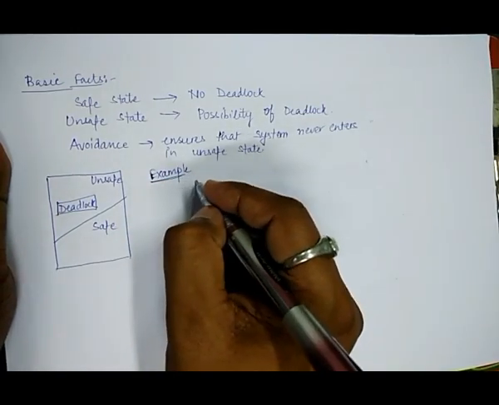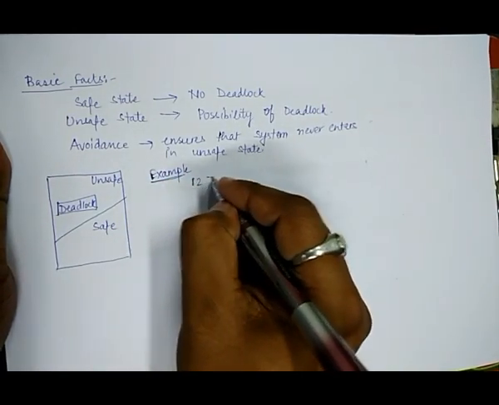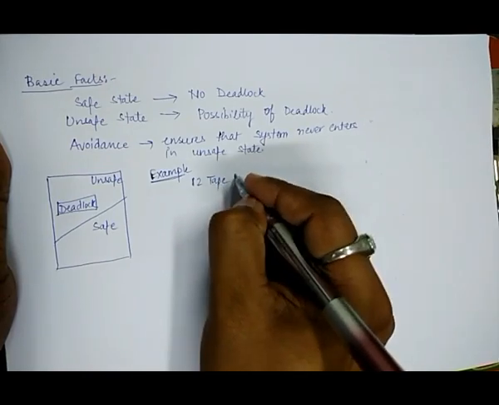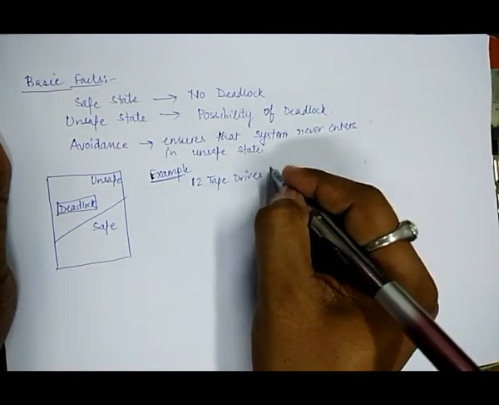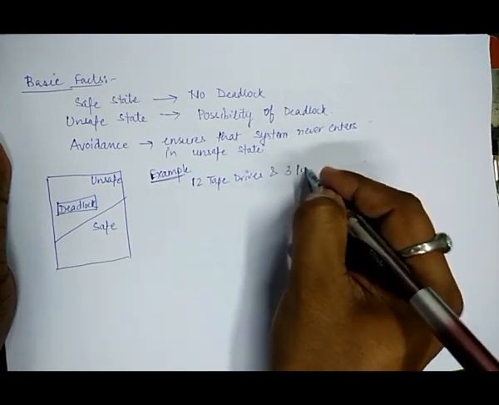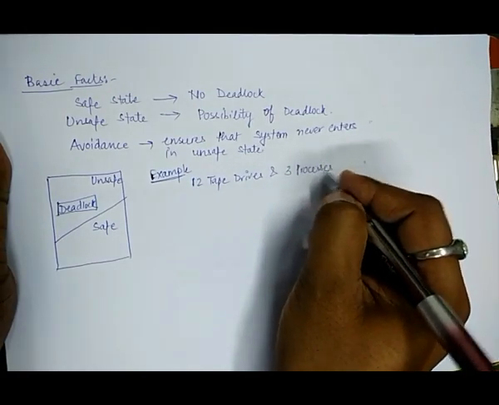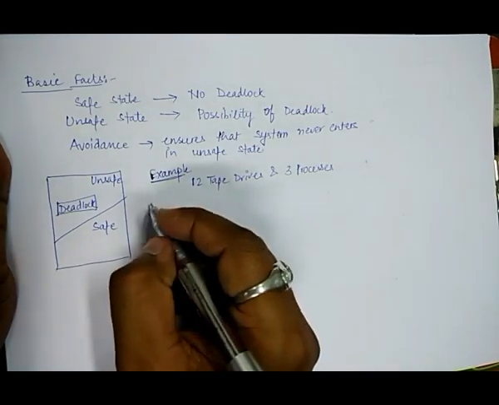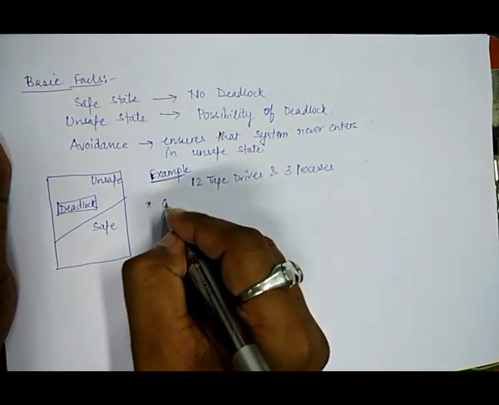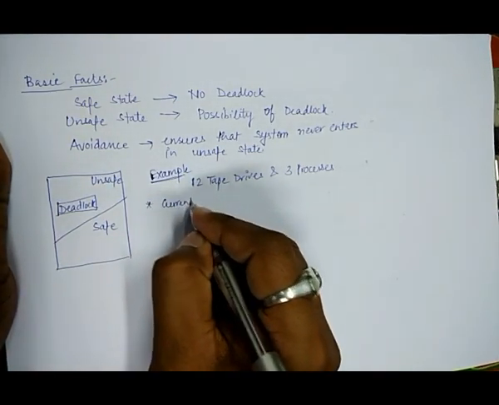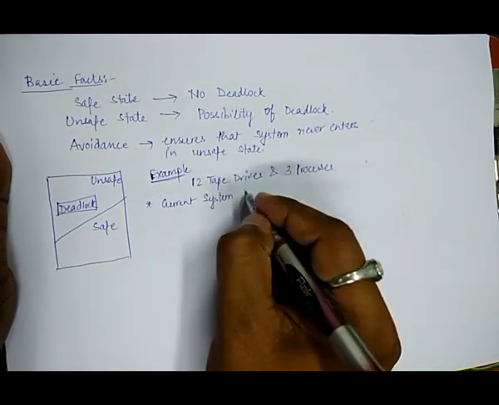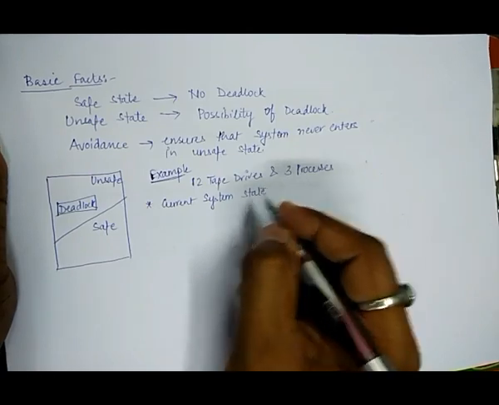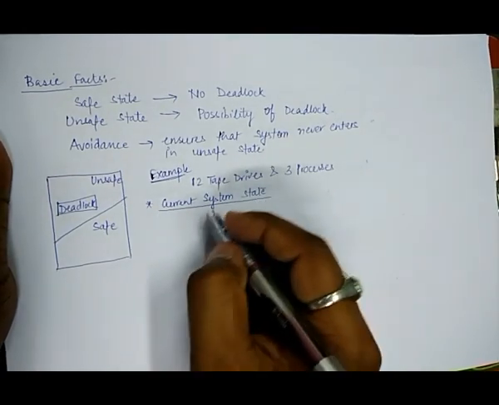Now let us consider an example to understand it more clearly. Consider we have a system having 12 tape drives as resource and 3 processes. Suppose at a particular moment the system state is given like this.